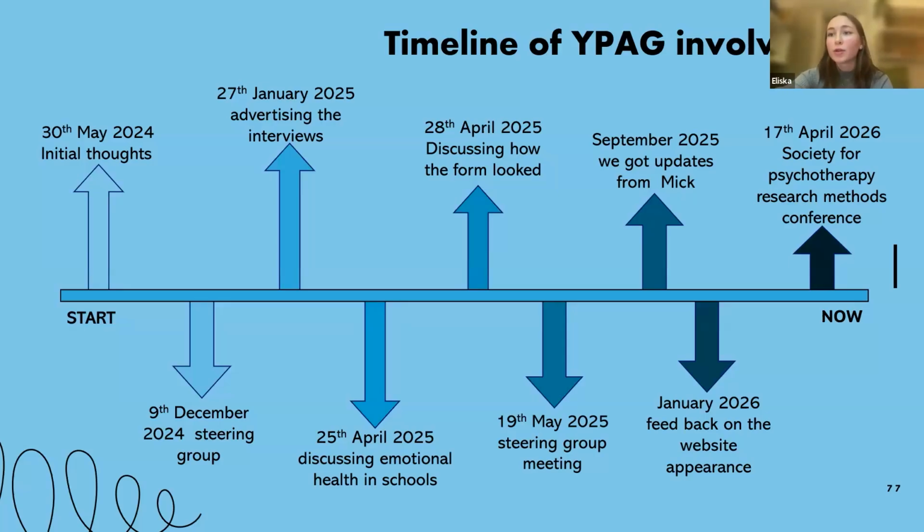And we also emphasized that we wanted the video to say the main idea that the preference form is meant to be empowering for young people.